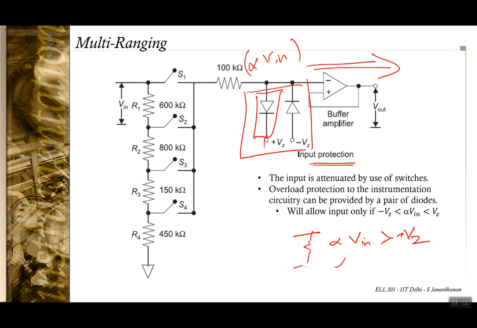Similarly, if alpha Vin is less than minus Vz2, then the second diode gets forward biased, and again the further circuitry is protected. The voltage here would be plus or minus Vz only; it doesn't go beyond that. If it is showing plus or minus Vz, we can say there is an overload that can be detected.